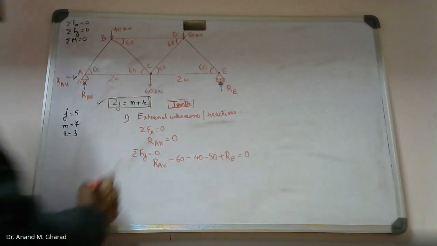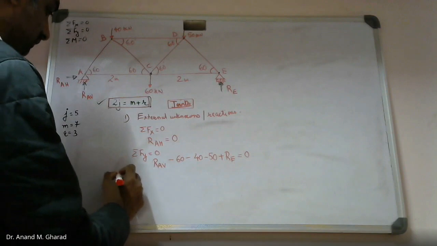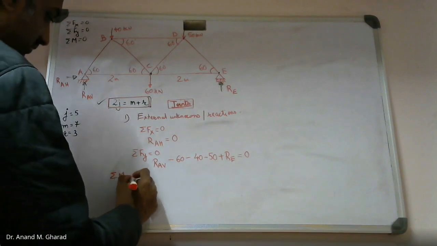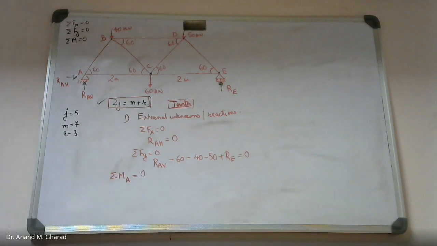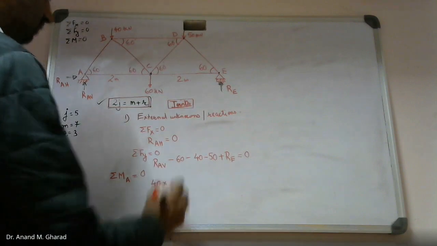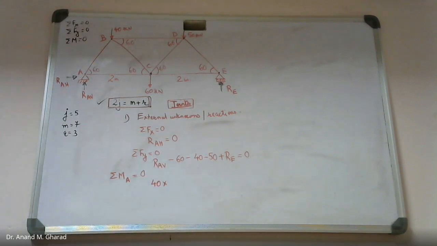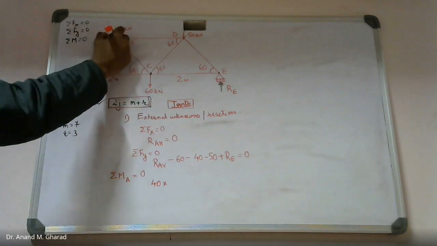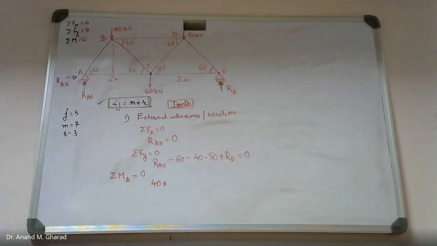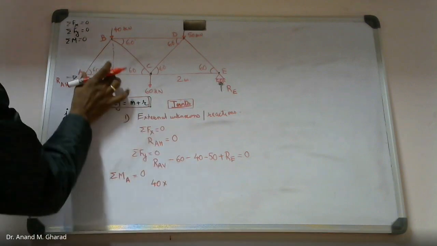Then summation of moments. You can take moment about any point. Let's say summation of moment about A equal to 0. 40 into, what will be the perpendicular distance for 40? 1 meter, because this is 60 degree, right?